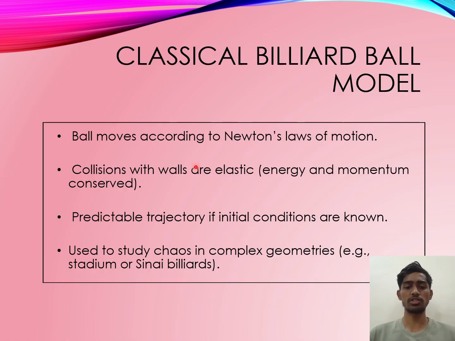There is no loss of energy, due to which its initial conditions are predictable. The momentum is conserved, no energy is lost. Therefore, it has a complex geometry, which we are studying further.